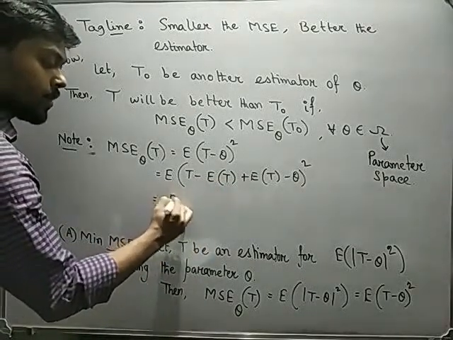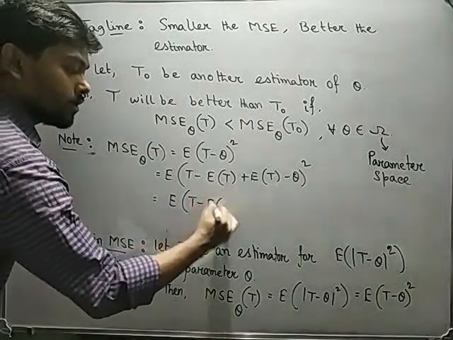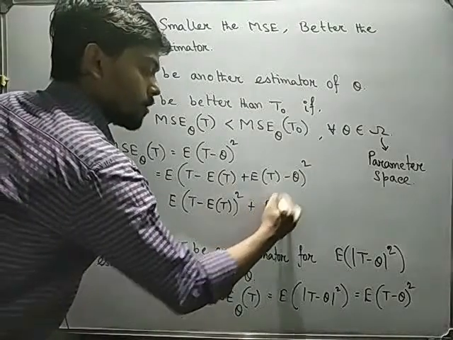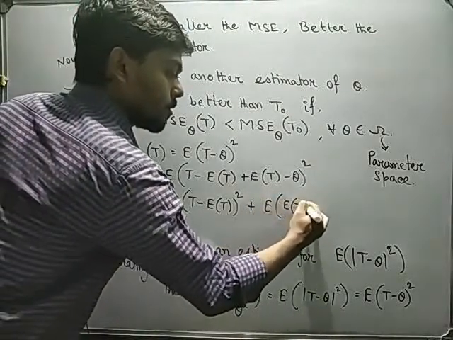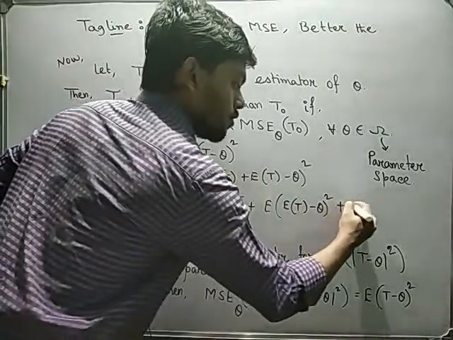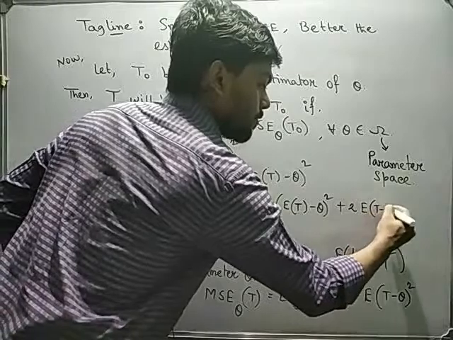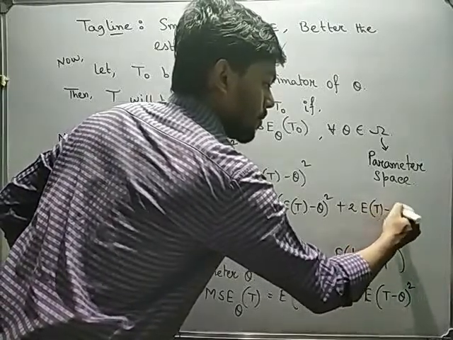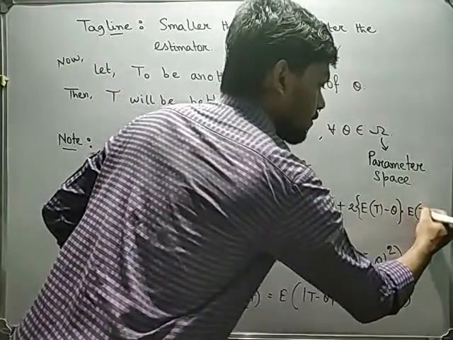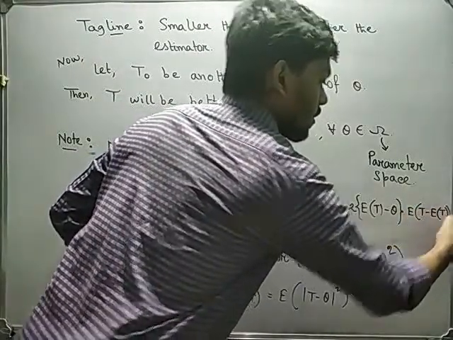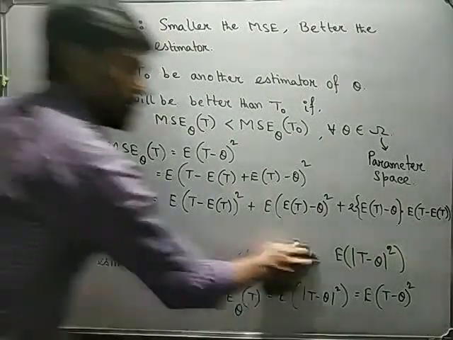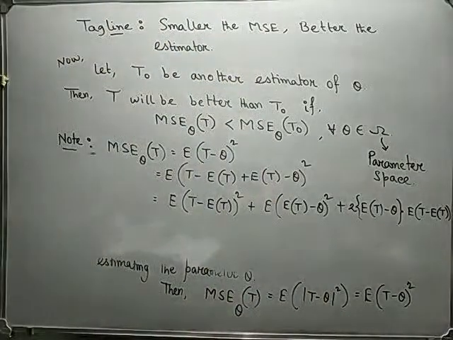So we can write this as expectation of T minus expectation of T square, plus expectation of T minus theta square, plus 2 into expectation of T minus theta into expectation of T minus expectation of T. This quantity is just the A plus B whole square form.